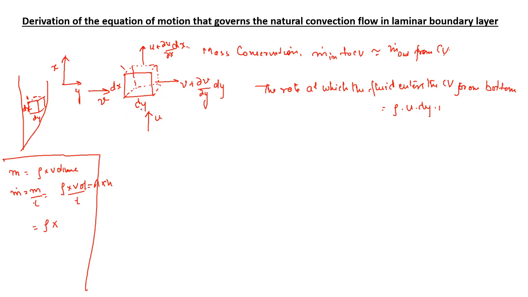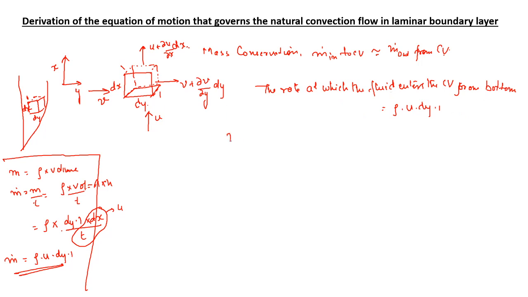The area of the base or bottom of the element is dy into 1, so this is dy times 1 into this height. The height of this element is dx, so we can write dx upon t. Now we are considering the x direction, so this dx upon t is equal to u. So the mass flow rate is equal to rho times u times dy times 1. This is the mass flow rate entering from the bottom.